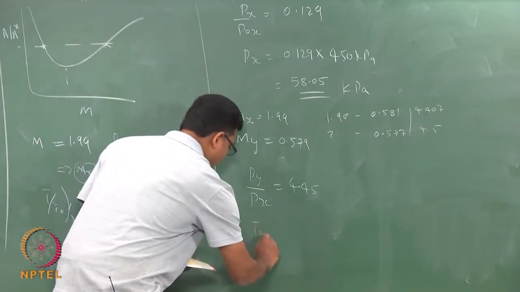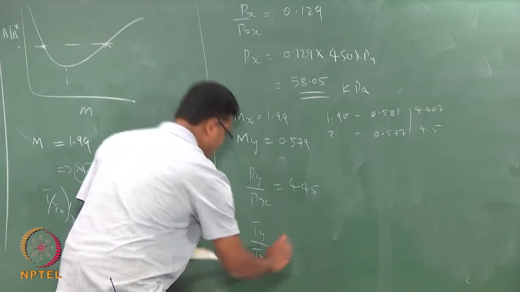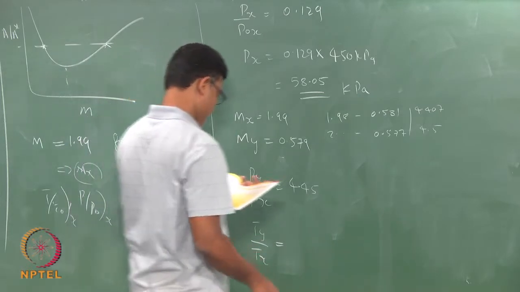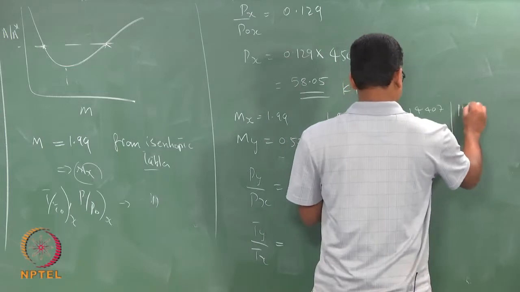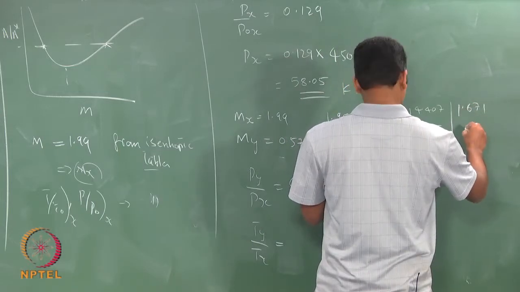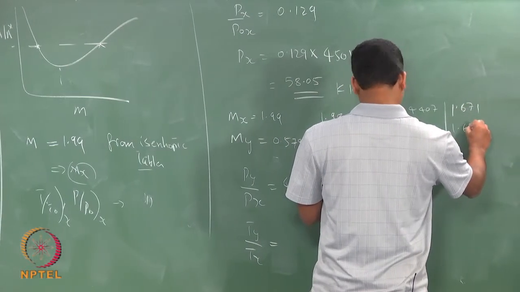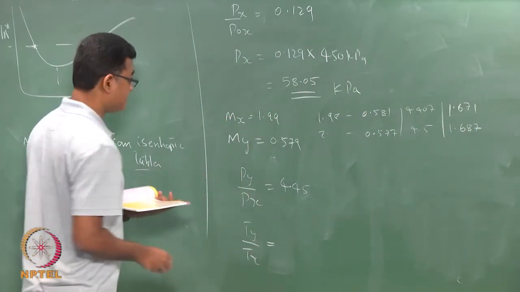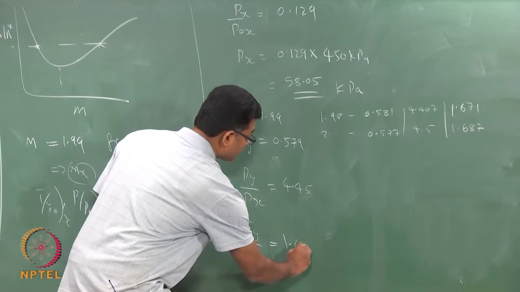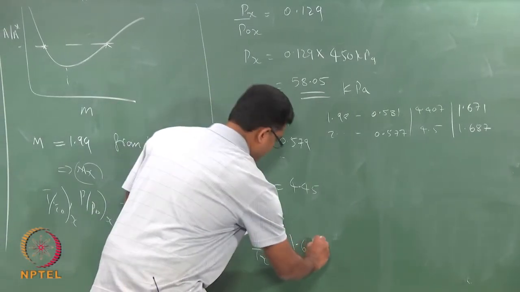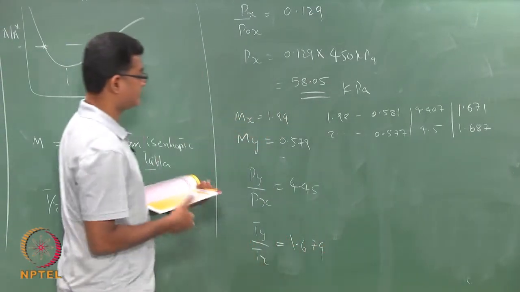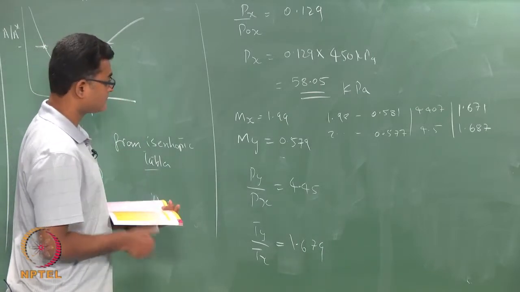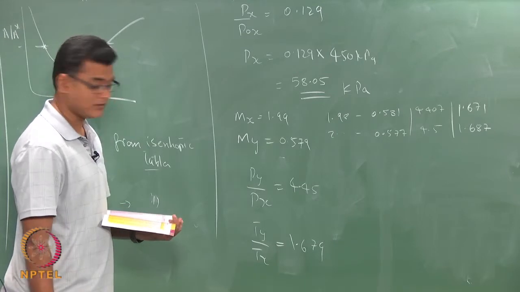Okay. Again Ty by Tx: Ty by Tx is 1.671 and 1.687. So, the average is around 1.679. Okay.